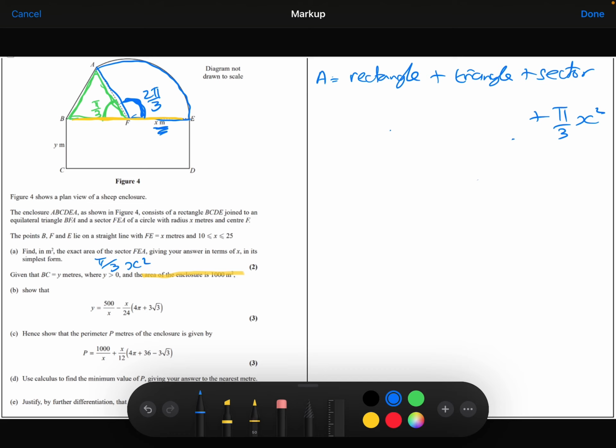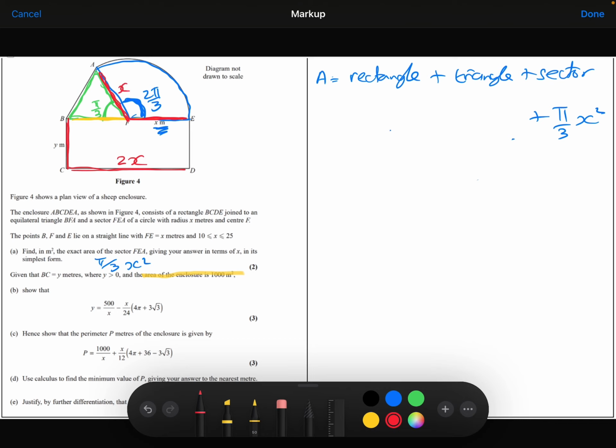Well, the rectangle, I can see that's got a height of y, and its width here, I know that that is 2x. I know it's 2x because I know that this length here is x, and because it's a sector, this length here has to be x as well.